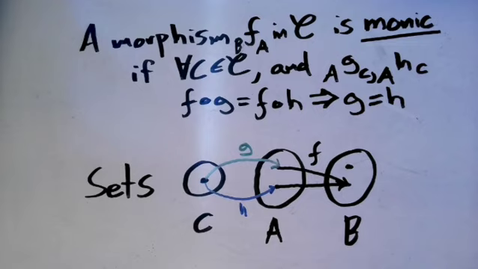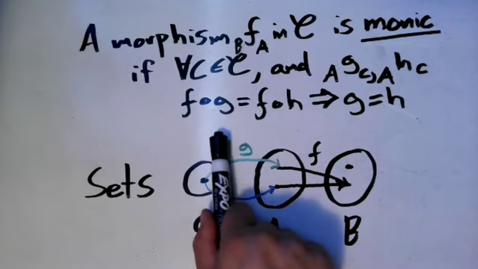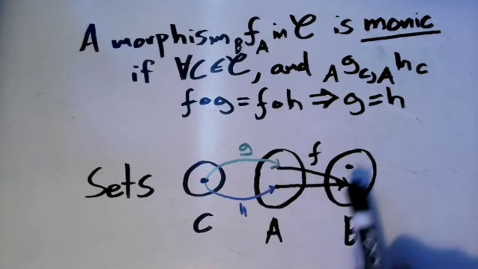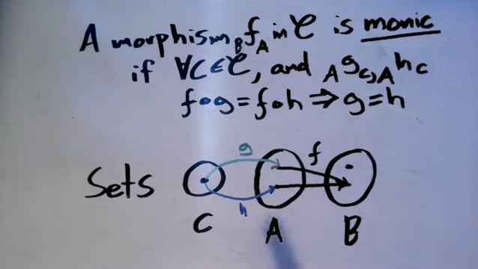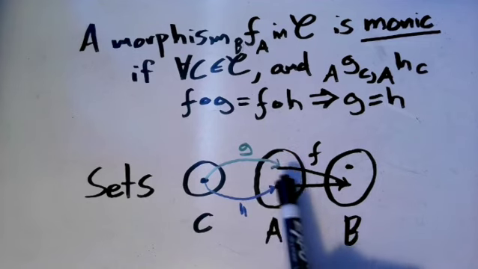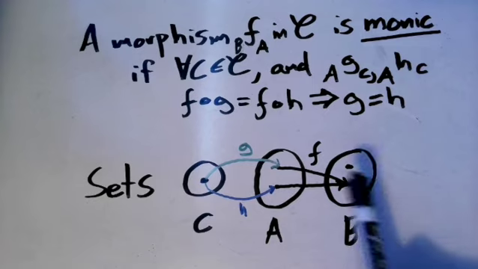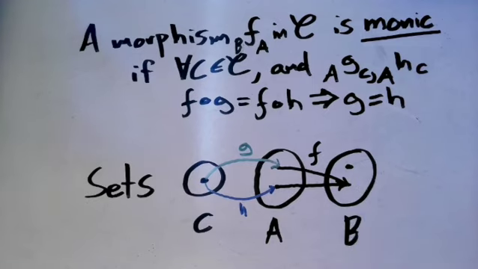Again, in the diagram at the bottom, we have a specific counterexample to this definition in sets, where F after G is equal to F after H, but G is not equal to H. Because in this case, although the singleton element in C maps to two different elements in A by G and H respectively, those two distinct elements in A then get mapped by F back to the same element in B. And therefore, although the compositions of these functions are equal, the initial functions coming out of C are not equal.